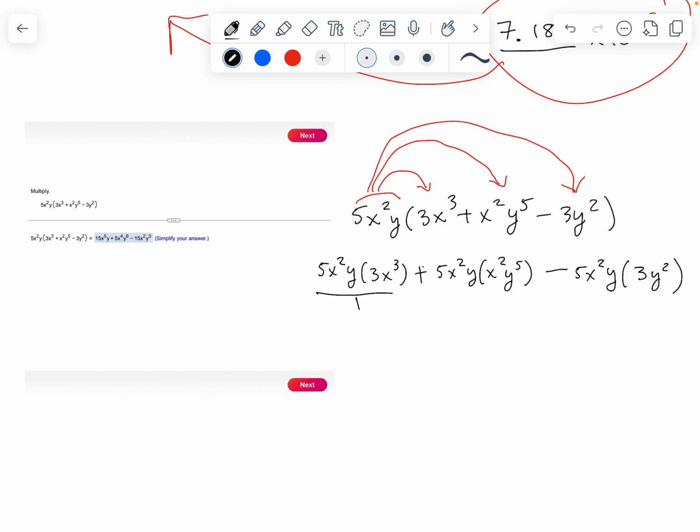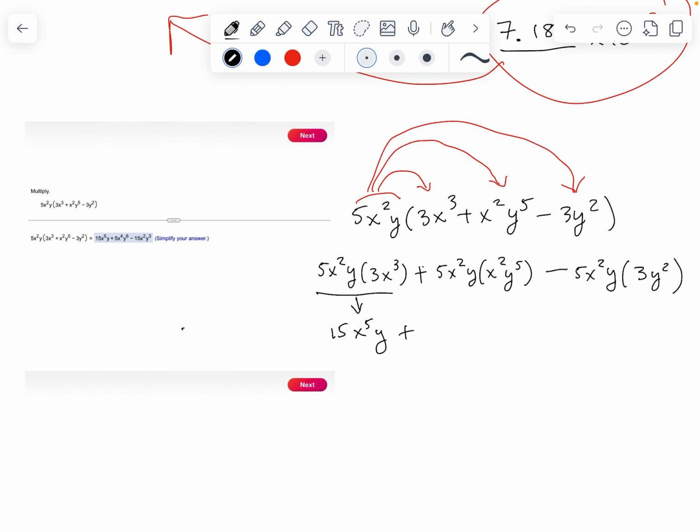Now the first one here: 5 times 3 we get 15. We have x squared times x to the third. When we multiply these two terms that have the same base, we keep the same base and add the exponents. So 2 plus 3, x to the fifth, and y is alone, so we keep y.